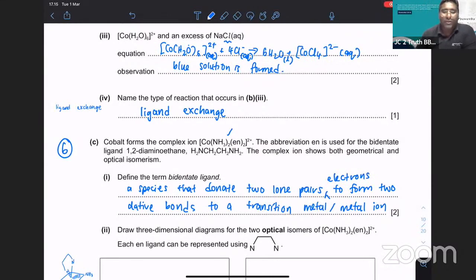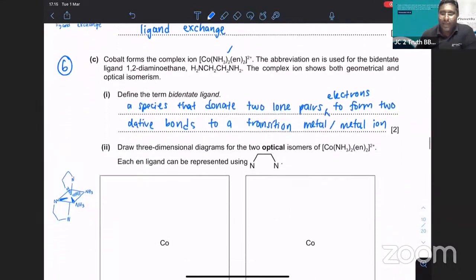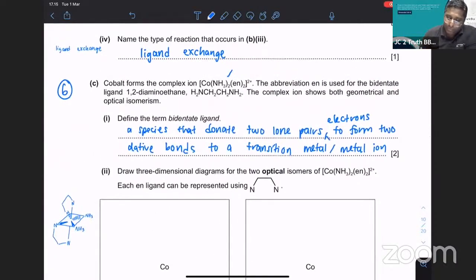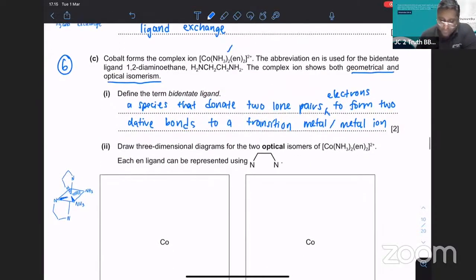Now draw three-dimensional diagrams for the two optical isomers of this. Do remember they say that it can show both geometrical and optical isomerism. I told you they have 6 coordination number. If you have anything that has 6 coordination number, it will look like an octahedral shape.